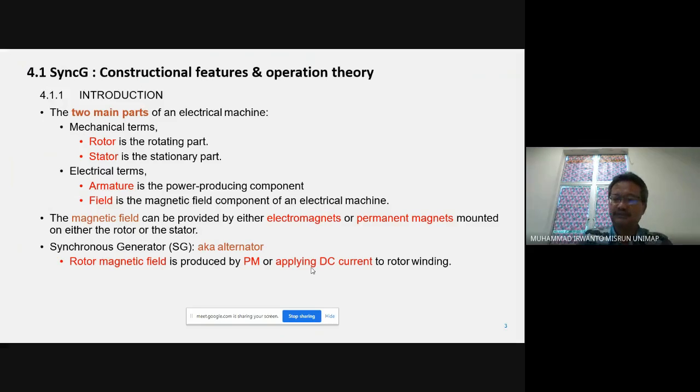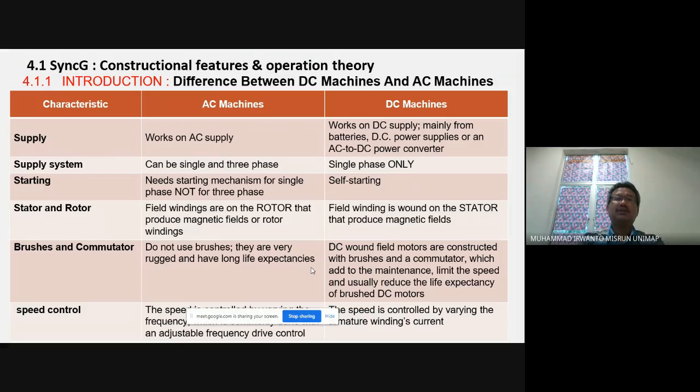Now, we can see the difference between the AC machine and the DC machine. The first relates to the supply.